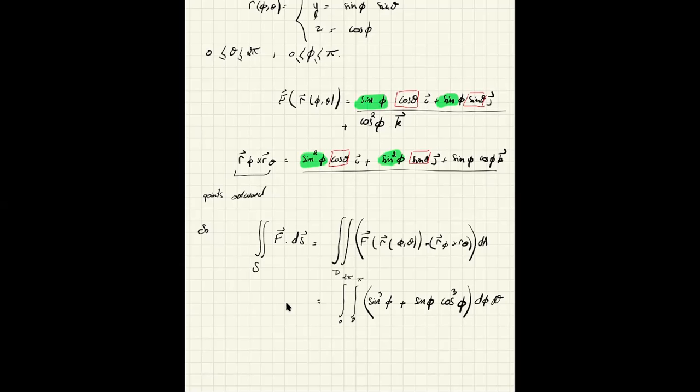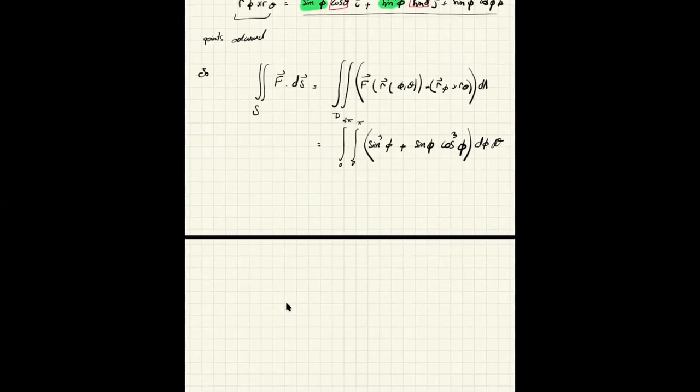All right, so at this point, there's really nothing else new. You just have to compute the integral. This is going to be 0. Well, it doesn't depend on theta, so it's 2 pi.